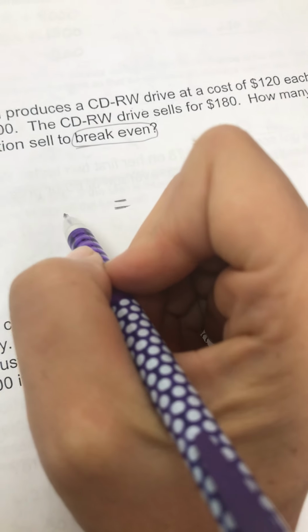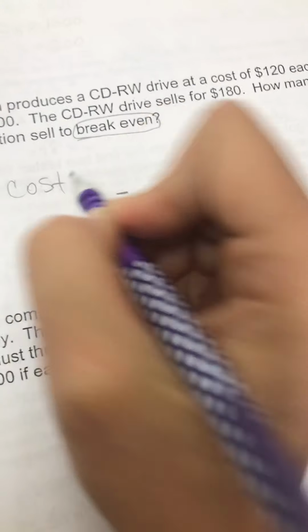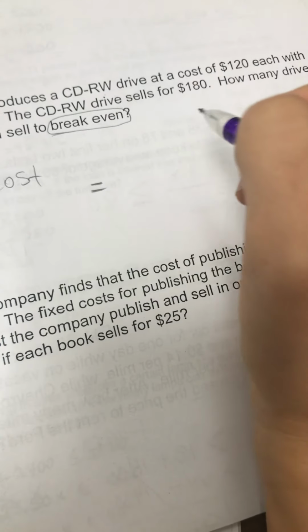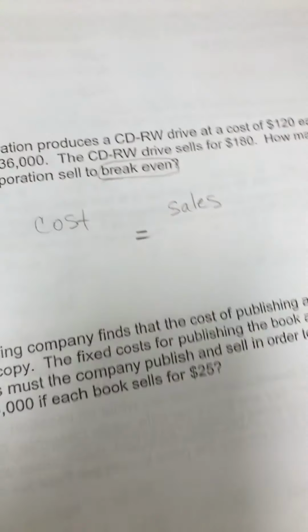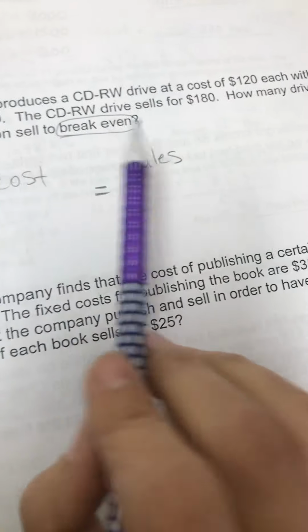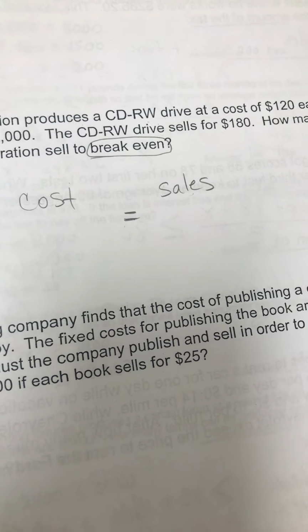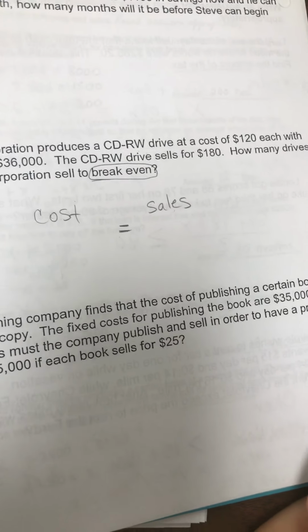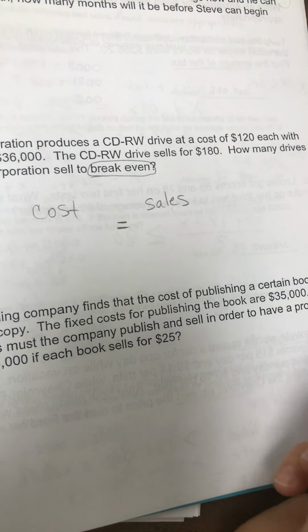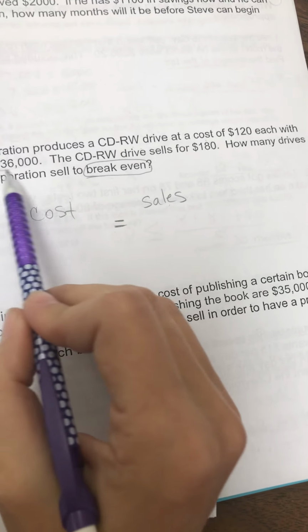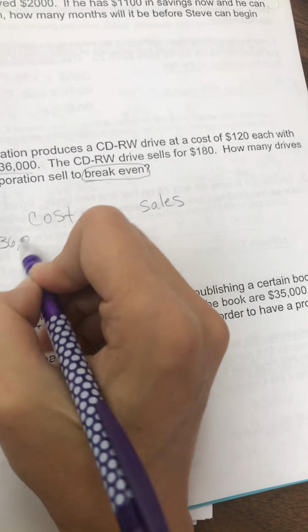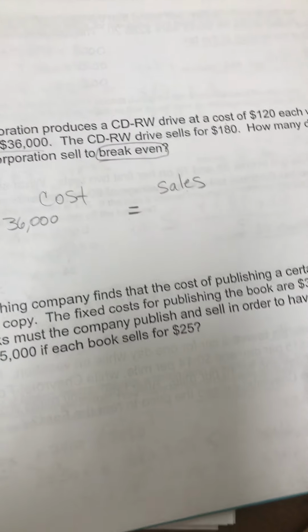So we're going to put our cost on one side, and we're going to put our sales on one side. So to break even, our cost and our sales need to be equal, all right? On the cost side, we have a fixed cost of $36,000. It doesn't change, so it stays the same.